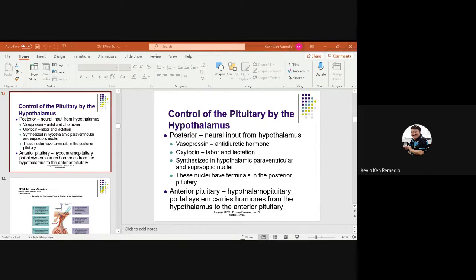Karon mangutana mo nako, sir, unsa may pasabot anang antidiuretic hormone? Okay? Pasabot anang antidiuretic hormone, class, iyang i-decrease ang volume sa atong pag-ihi by increasing the reabsorption of water in the kidneys. Mao na gitawag og antidiuretic.